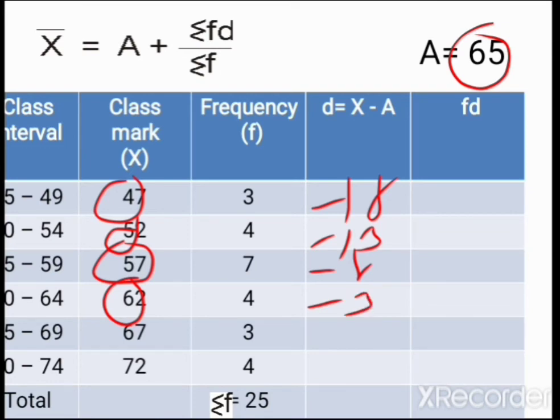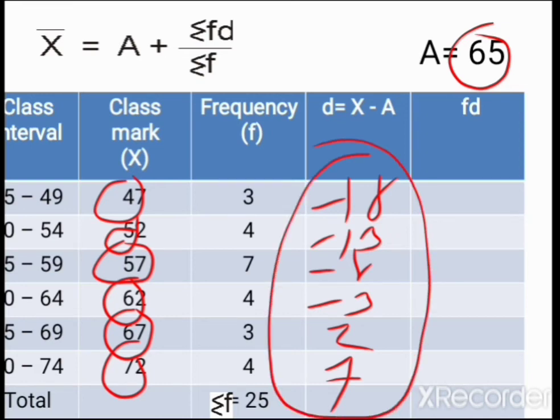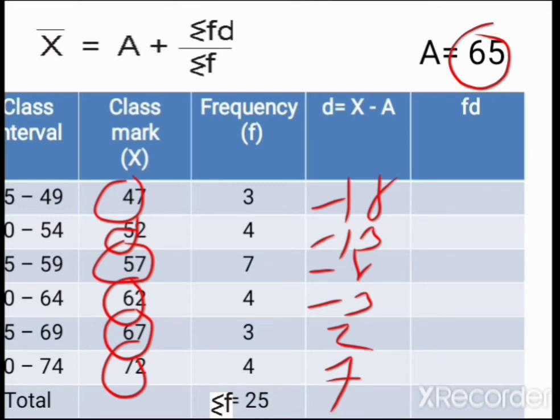And the next one is 67 minus 65. It will give us 2. And the next one is 72 minus 65, which will give us 7. So that's our deviation of each of the class marks from the assumed mean. So this is our D.